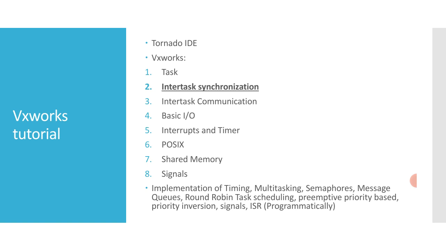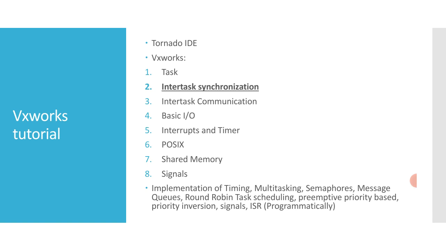In this, we'll be discussing semaphores, semaphore control, binary semaphores, counting semaphores, and mutual exclusion, and how to go about it, and some of the techniques for mutual exclusion semaphores, and how to work with priority inversion, priority inheritance, some problems. So, without wasting time, we straight away get into the stuff.